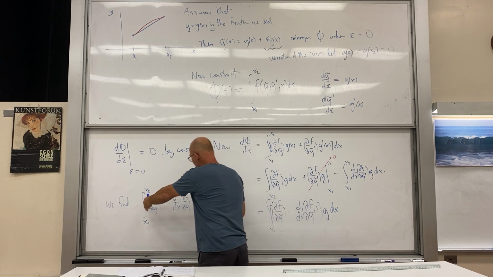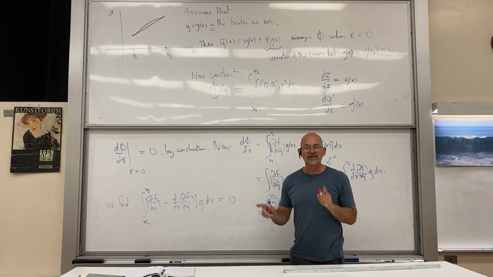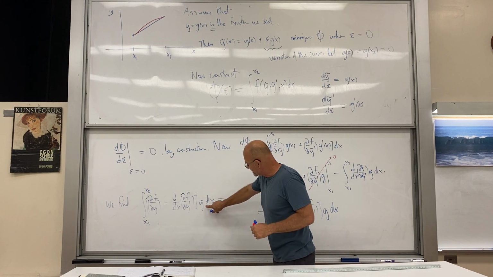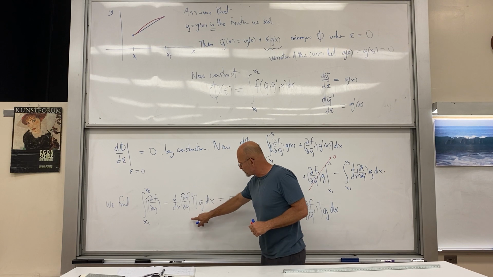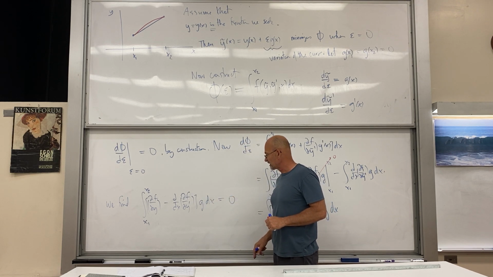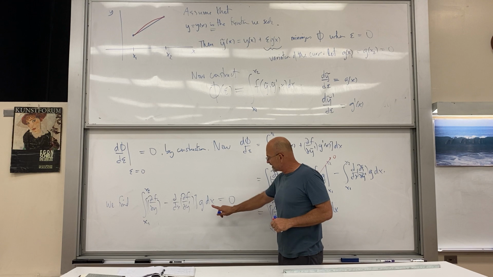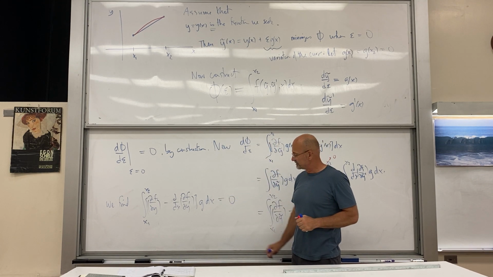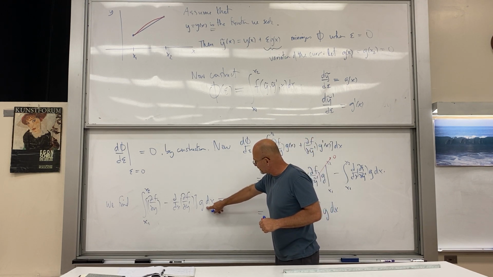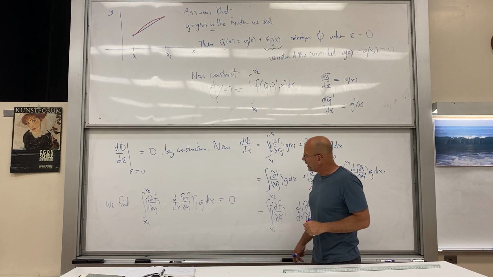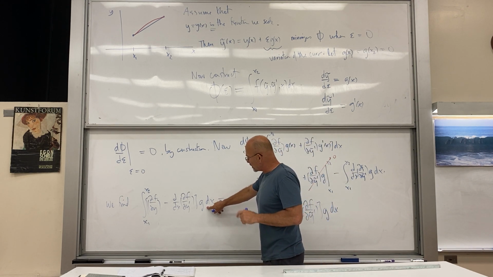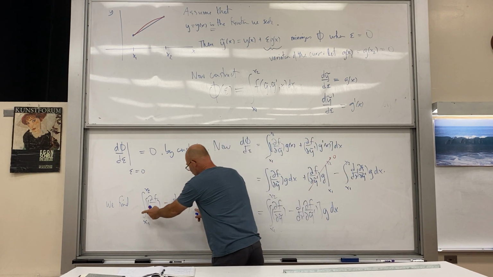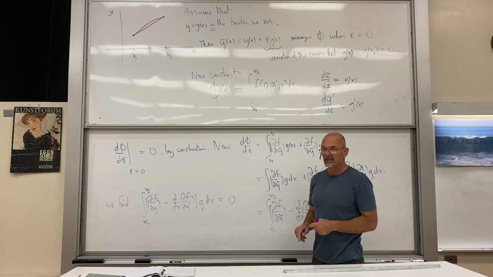This expression in the square brackets is in fact the differential equation that we're looking for. But we can't just declare victory yet because we're multiplying the square bracket by g. But because g is an arbitrary function, arbitrary except that it vanishes at the endpoints, we can use what's called the fundamental lemma of the variational calculus and conclude that the expression in brackets itself is equal to 0.